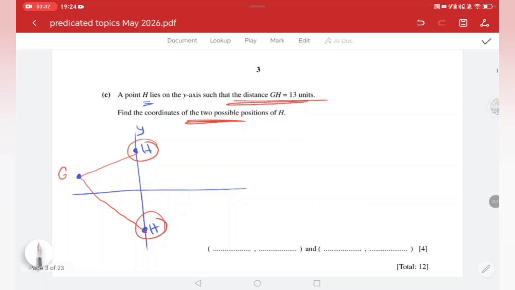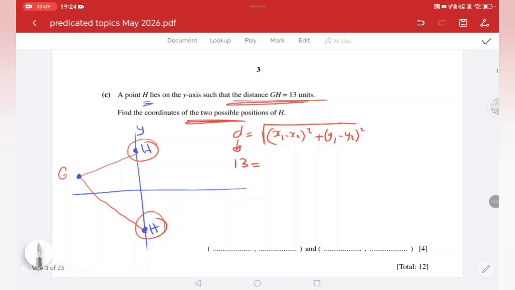So this one is the distance, and we have a formula for the distance: the distance or the length equals the square root of (x1 minus x2) squared plus (y1 minus y2) squared. So you can say that this one, 13, is given. But what are the 2 points we have?